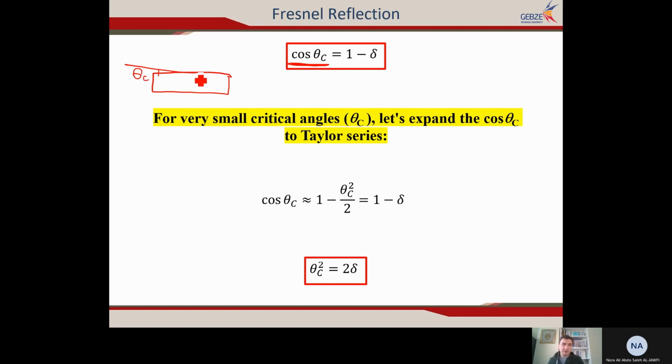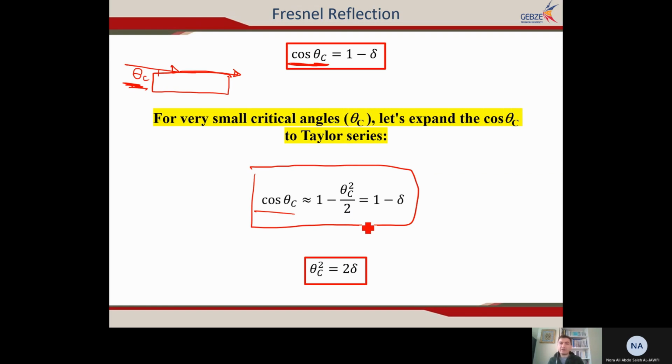Very small angle, and we have total external reflection from the surface. Since this angle is very small, cosine theta critical can be written in this form by using the Taylor series. If the angle is very small, then cosine theta is given by 1 minus theta critical squared over 2.